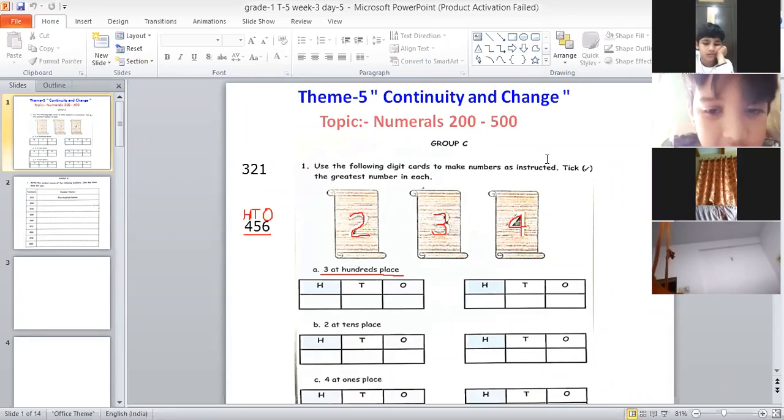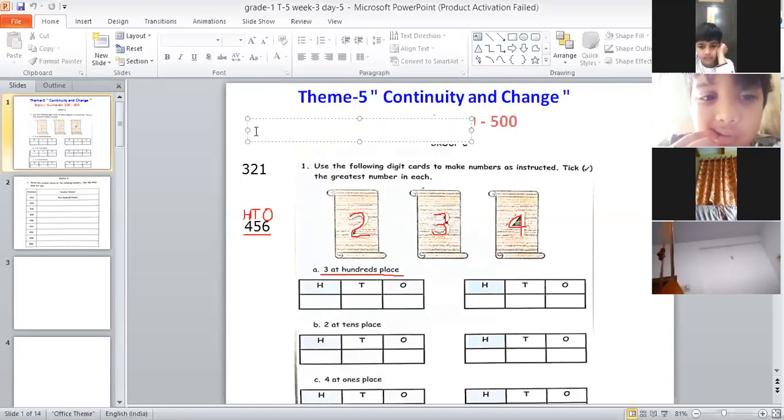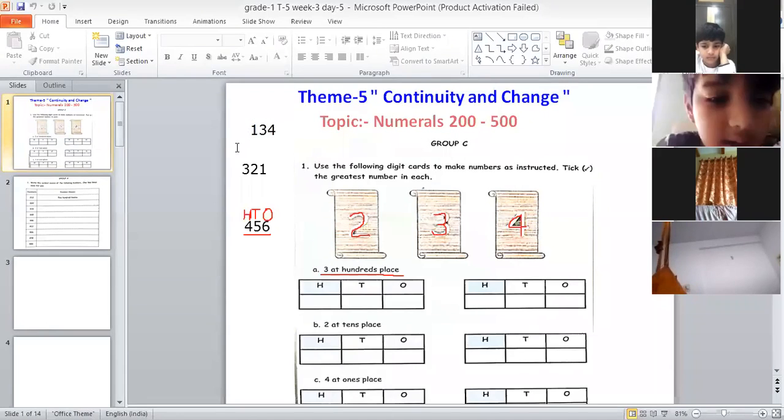And how will you read this 3, 2, 1? Which number is this? 1, 3, 4. And how will you read 1, 3, 4?